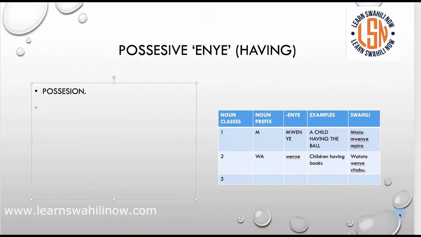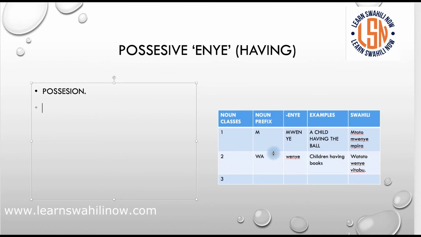In today's video, we will be covering the possessive enye, in English, having. So maybe you have come across it in your language learning and you did not know what that means. So I'm going to use the first two noun classes to help you see how we can create them and how you can use them in a sentence. So here we have noun prefixes, wa.